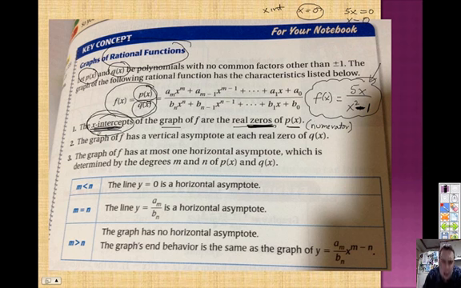Number 2, this graph has a vertical asymptote at each real zero of q of x, which is the denominator. So all you have to do is find the zero of the denominator. Set the denominator equal to 0. X squared minus 1 equals 0, so x squared equals 1. Square root, x equals plus or minus 1.